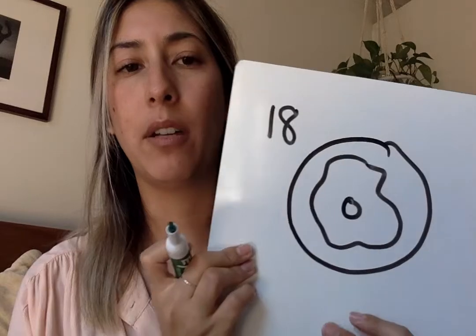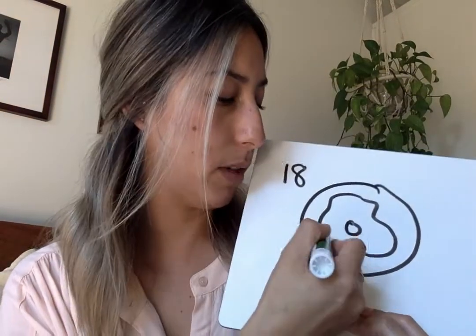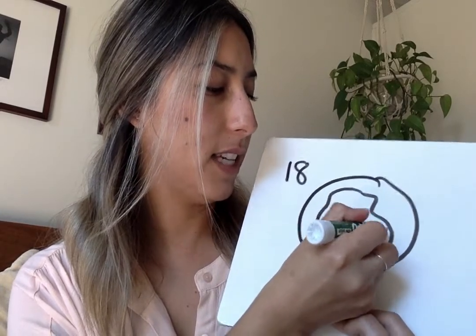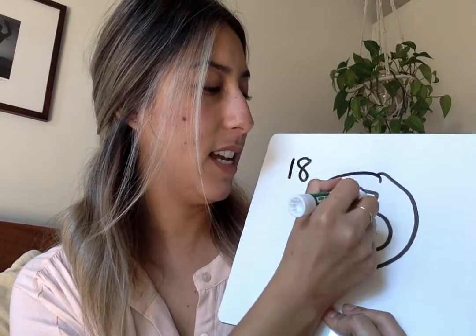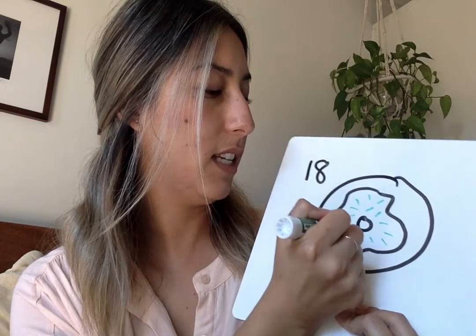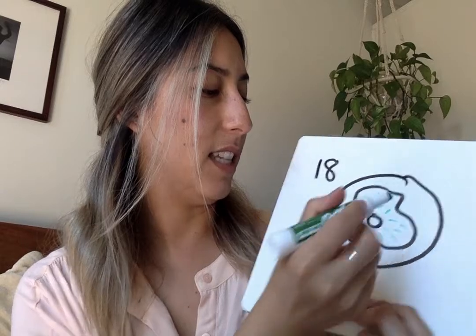And it has the number 18 at the top like this. Your job is to draw the correct number of sprinkles, and if you look carefully, it needs 18 of them. So in the donut, you could draw 1, 2, 3, 4, 5, 6, 7, 8, 9, 10, 11, 12, 13, 14, 15, 16, 17, 18.